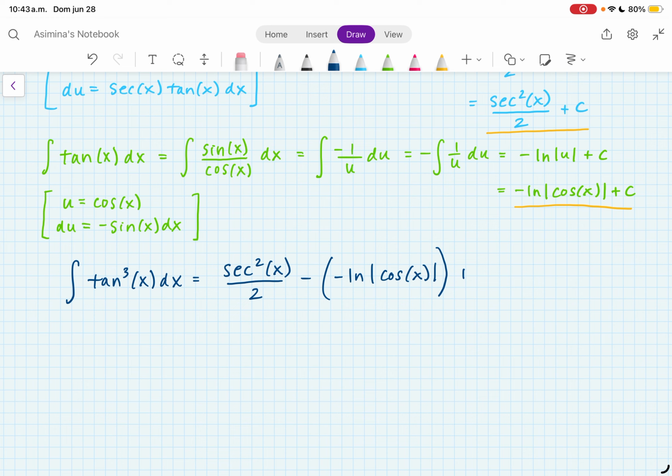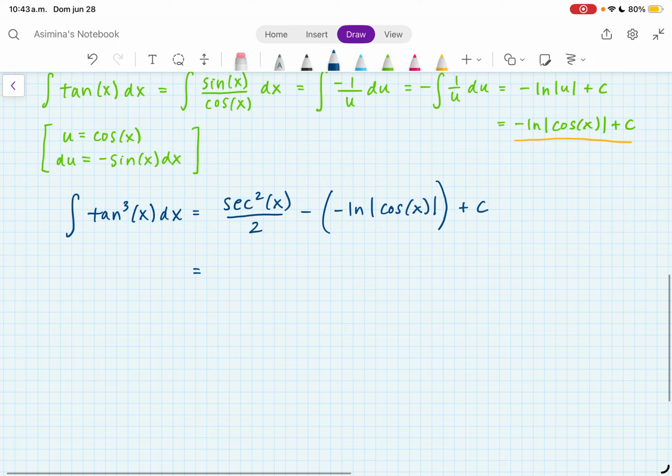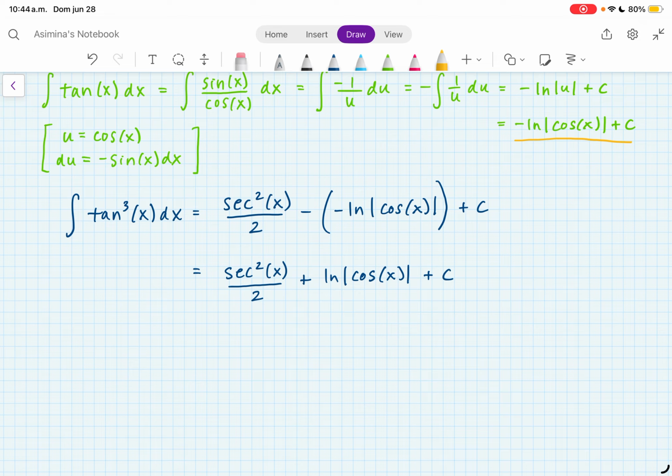And I'm just going to put the big plus c at the end. Now I have negative negative, so that's going to be plus. So I have secant squared x all over 2 plus ln cosine of x plus c.